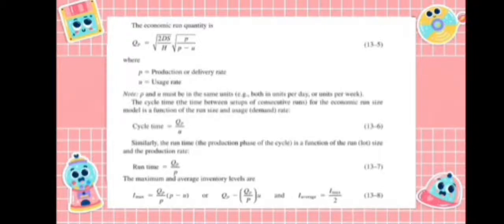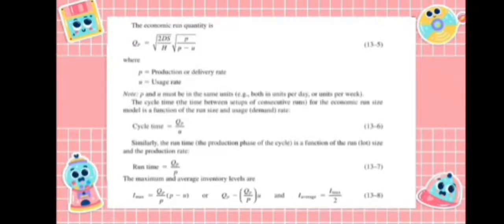The cycle time, or the time between setups of consecutive runs for the economic run size model, is a function of the run size and usage or demand rate. So the formula is cycle time equals Qp over U. Similarly, the run time, or the production phase of the cycle, is a function of the run or lot size and the production rate.